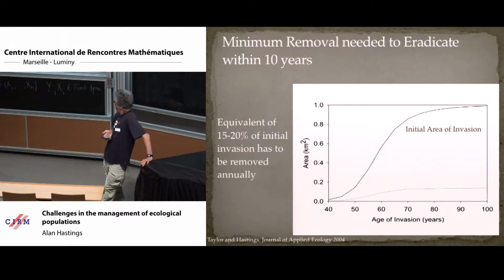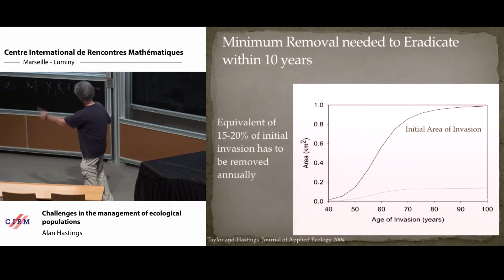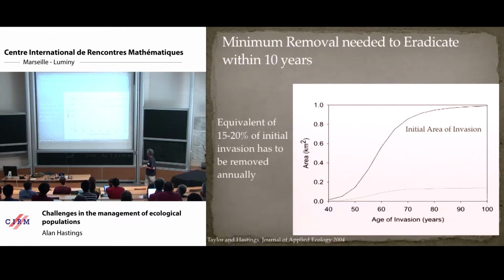And basically, one of the questions would be, if you want to get rid of it within 10 years, and there's the reference, you have to figure out how much of the initial invasion you have to remove. And so the solid dark curve that you can see is how much of the area is initially invaded, and the bottom is a measure of the age of the invasion, how long it took to get there, and then you can see how much you have to remove.